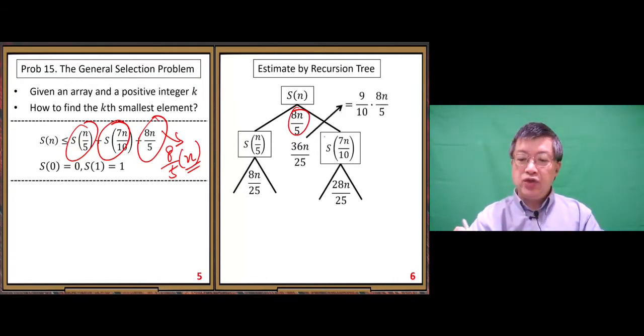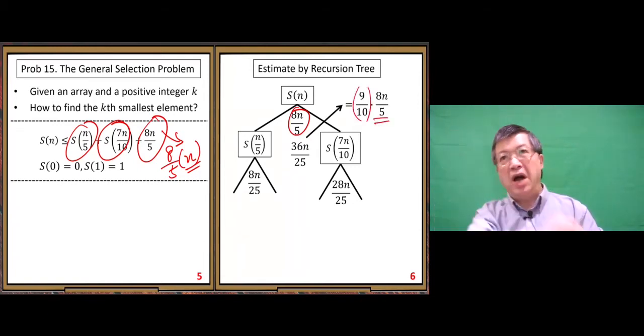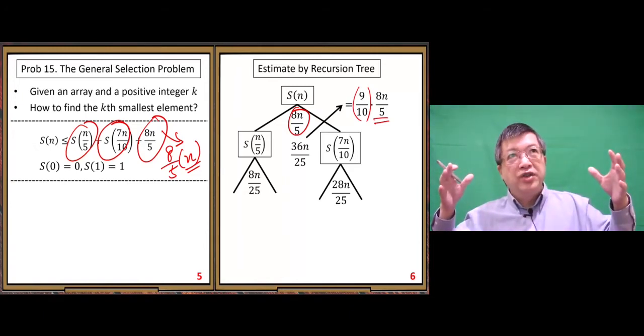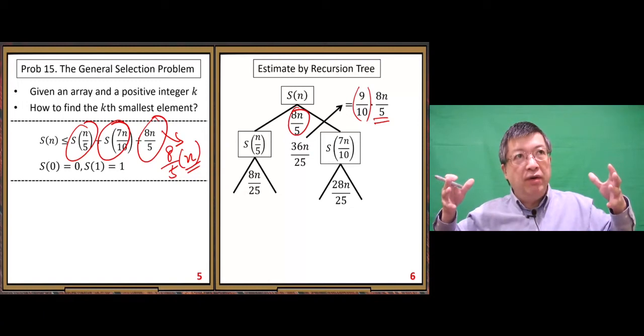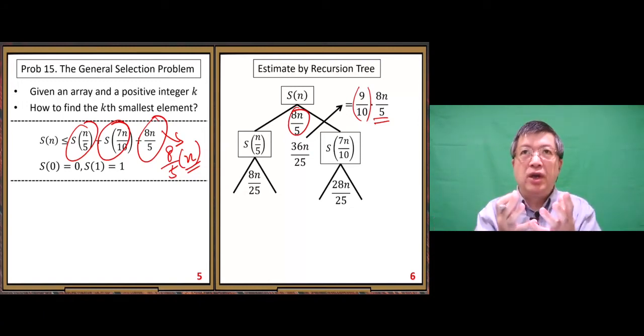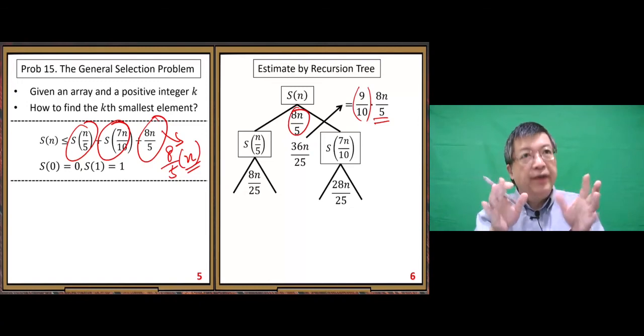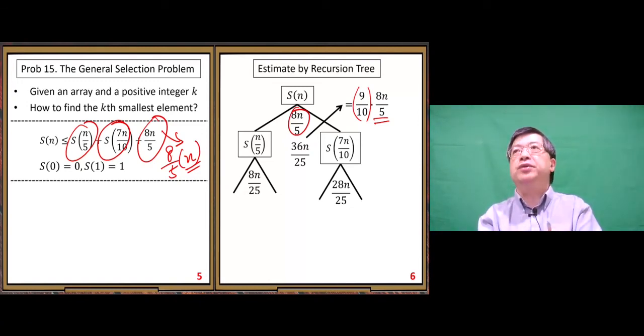So we can write it as 9/10 times the previous non-recursion cost. Here you can see the non-recursion cost in the next level is reduced compared with the previous level. So each level, the non-recursion cost is reduced.